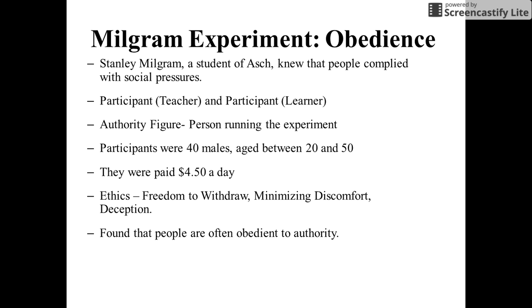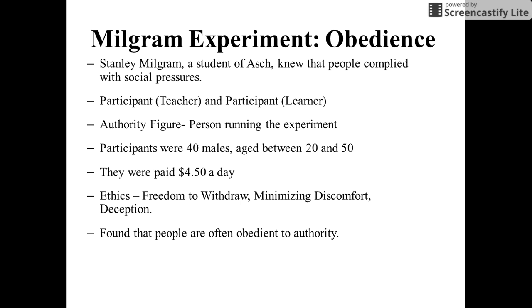Again, this is something that you researched on your own, where there was an individual who was a teacher and a participant, and they were randomly selected as the participant thought. The teacher was actually a Confederate, so he was aware of what was taking place. The teacher was the participant, and the learner was the Confederate.